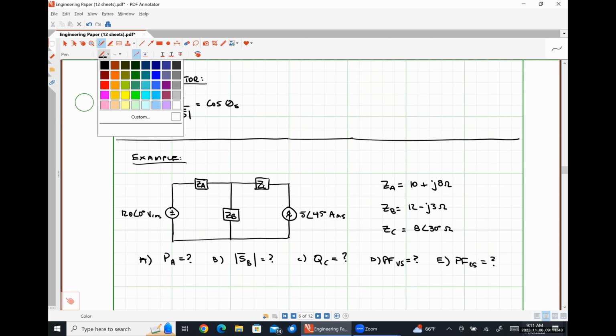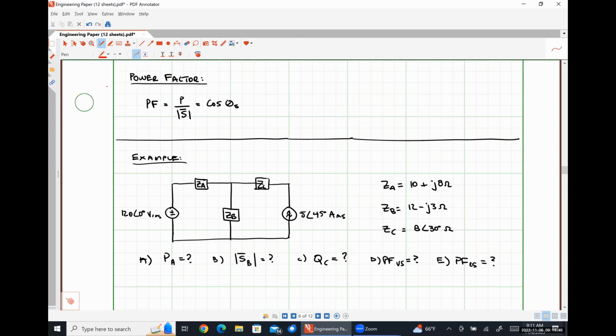So I am going to define the voltages that we're going to use. Let's call this voltage VA. This will be our phasor current IA. This will be VB. This will be IB.